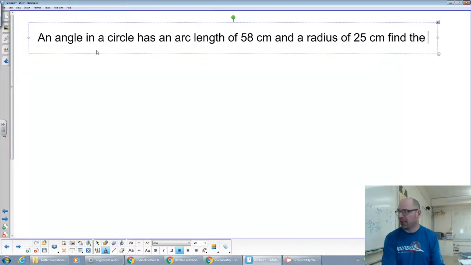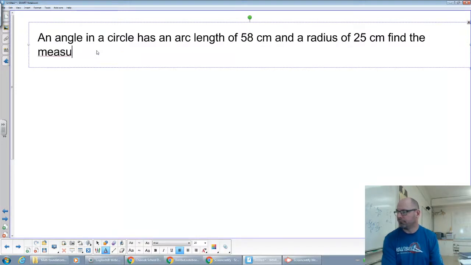Find the measure of the angle in degrees.